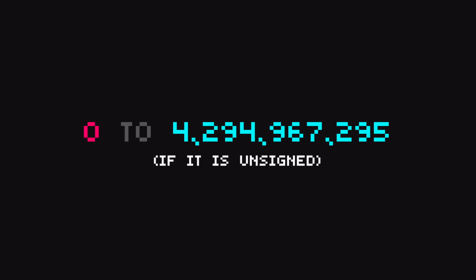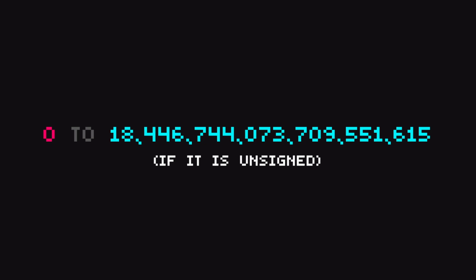Because 4 bytes can store a decimal number up to 4 billion. And 8 bytes can store up to 18 quintillion decimal numbers. You now have a much wider range to play with. So maybe if your character can earn more than 4 billion in game, you may want to use 8 bytes, so he can store more money in that address.